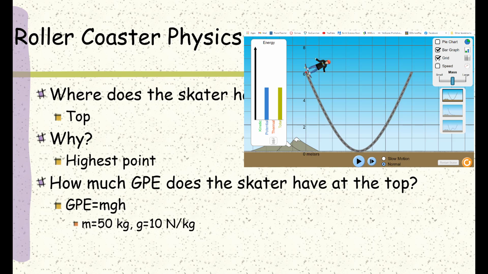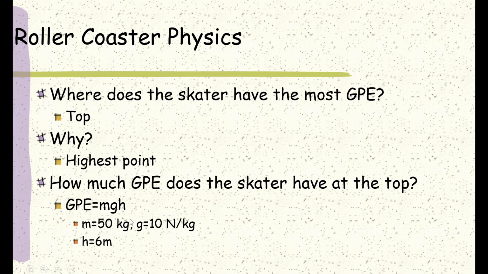We also need to know how high they are above the ground, or at least the bottom of the ramp, because that's as far as they could potentially fall. In this case, the ramp goes to the ground, so the height is 6 meters. If we plug all that into this equation, we get 50 times 10 times 6, which gives 3,000 joules of energy.